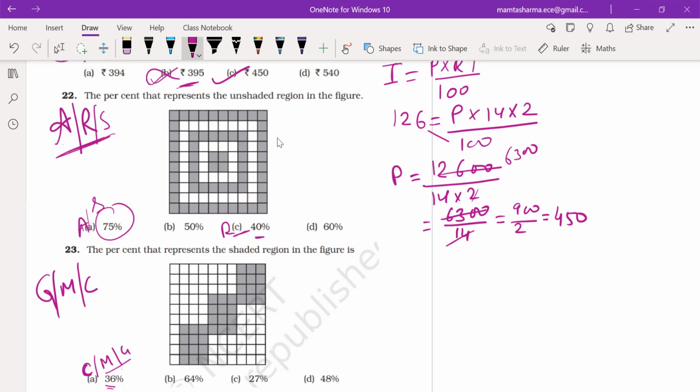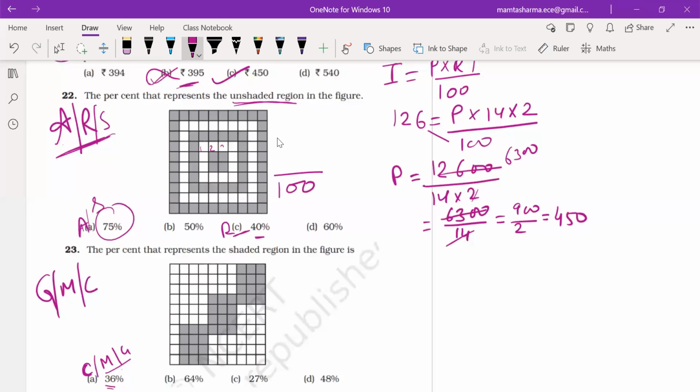Now count the shaded block. Shaded block minus unshaded block, ma'am. No, unshaded region. The unshaded region is this white region. So how many white blocks are there out of total? Total is 100.